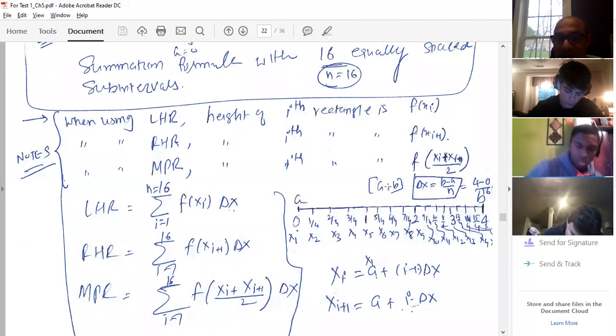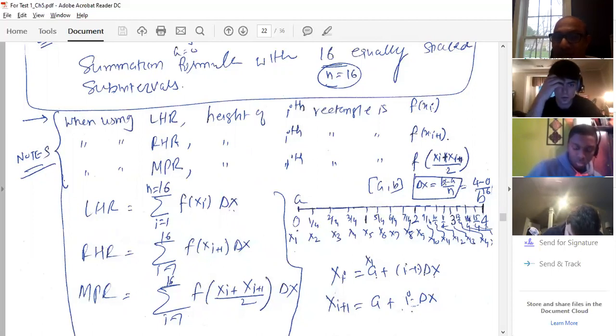And for your interval a to b, whatever the integration interval is, the width of each partition can be obtained using this formula. Please pay attention: delta x equal to b minus a over n.